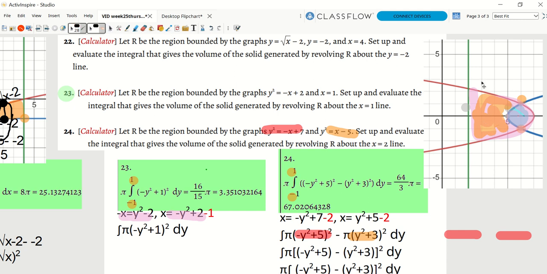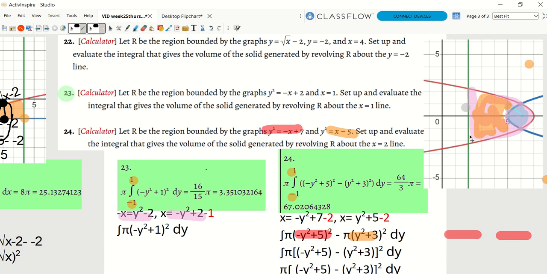All right, so pink minus the orange will give you this blue. So we're going to revolve the solid created in between the blue graph and the green line, which would be the orange.